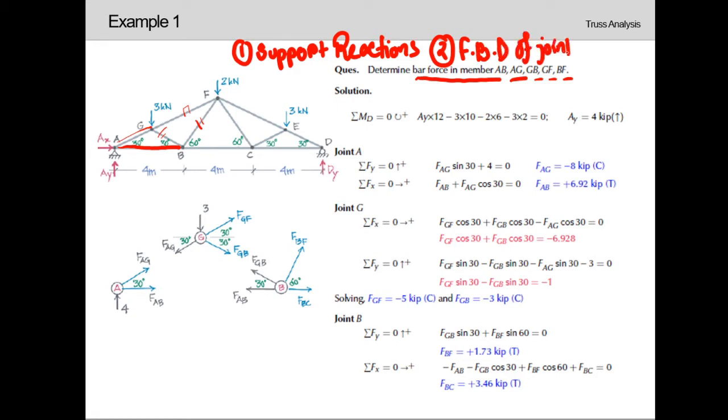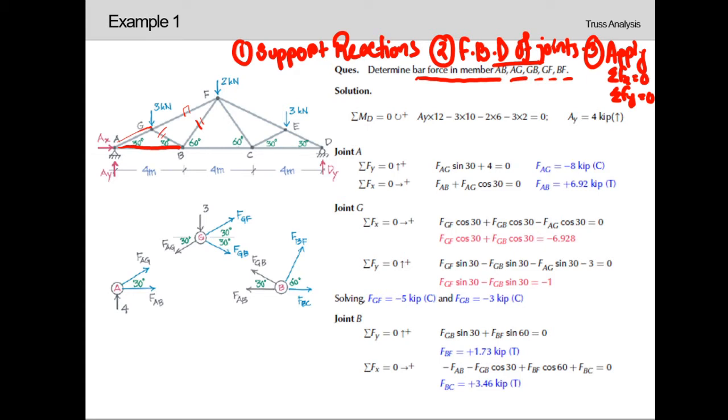And thirdly, we need to apply equations of equilibrium, that means summation of Fx equals 0 and summation of Fy equals 0 in the free body diagrams of these joints. In this way, adopting these three steps, we can easily calculate the bar forces in the members and complete our truss analysis task.